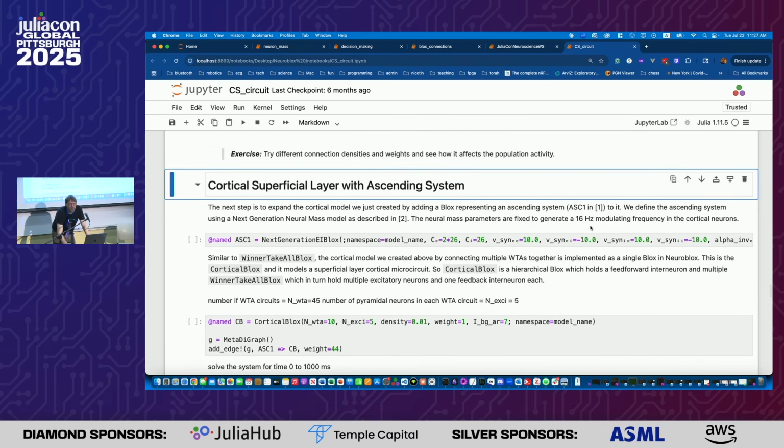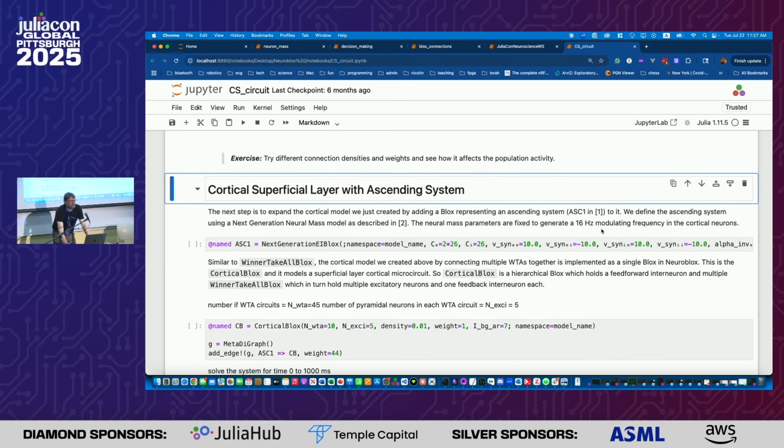Okay. So now one of the things that always happens when you have a cortical layer is there is a beta input. Typically, as I said, there are rhythms in the brain. So what we're doing is using a next generation neural mass block as the rhythm of the cortical region.